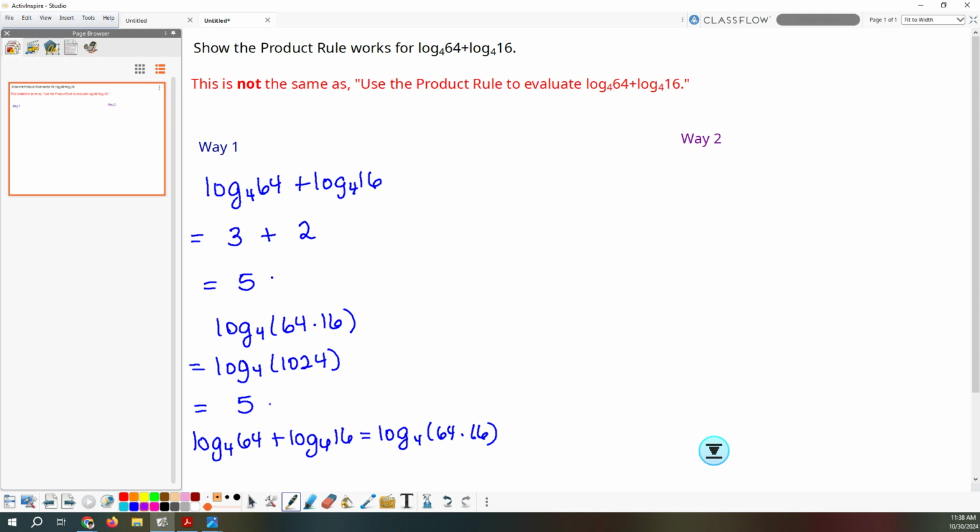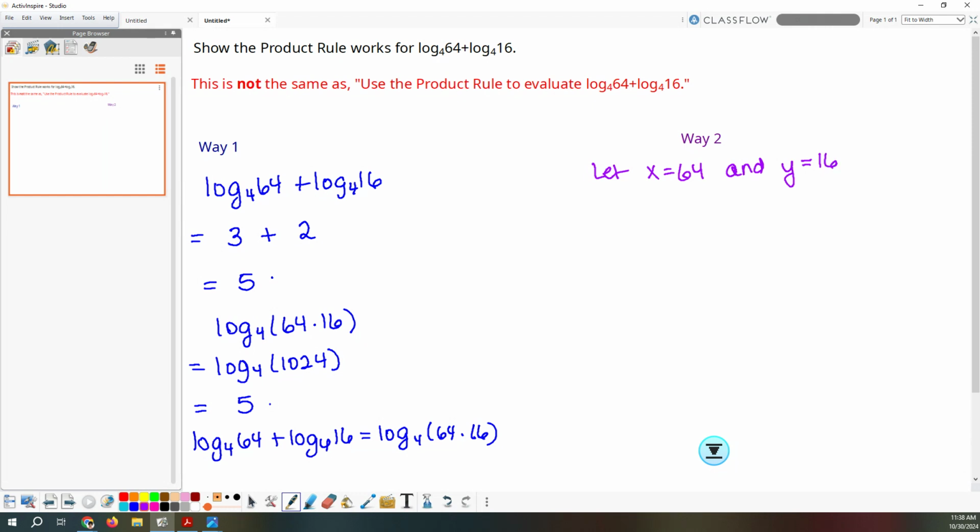The second way you can do this is we have x. Let's let x equal 64, and let's let y equal 16.